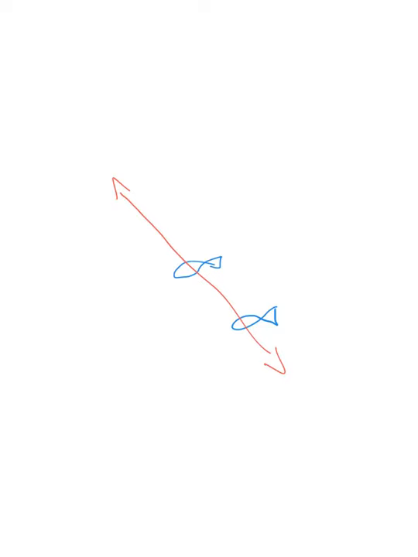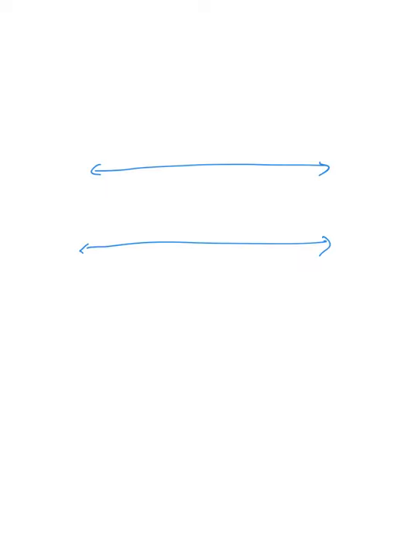So what we're talking about today are parallel lines and transversals. That's the math way of saying it. But I call the transversals the spear. So you can think about how the spear is hitting the fish, okay? So there are a few ways that they can tell you that two lines are parallel.